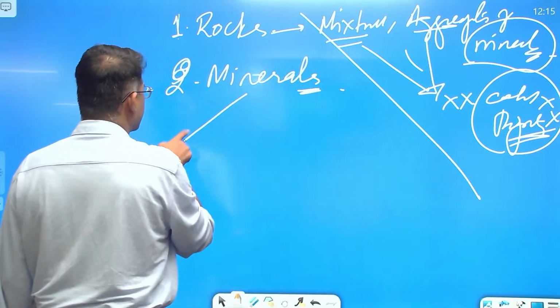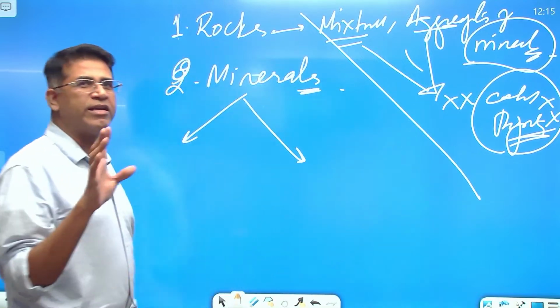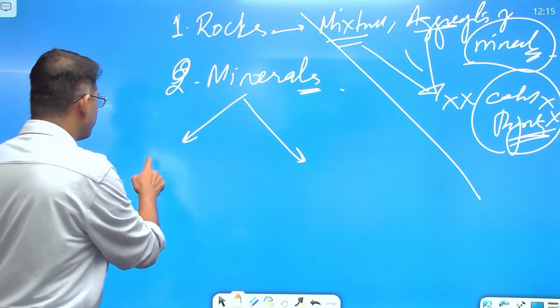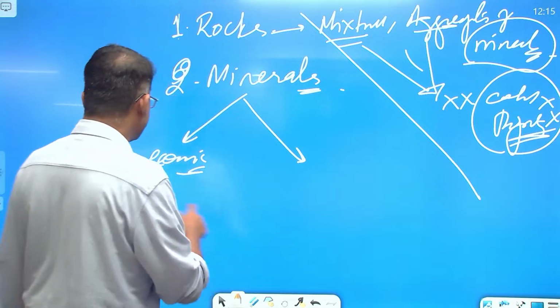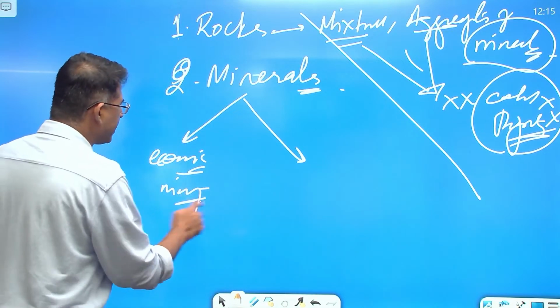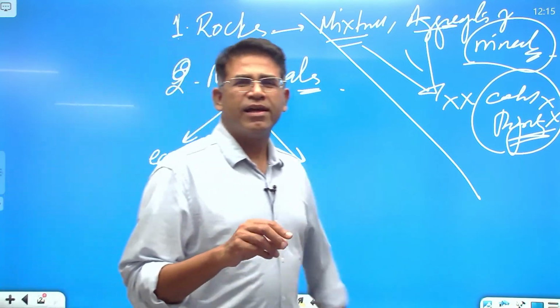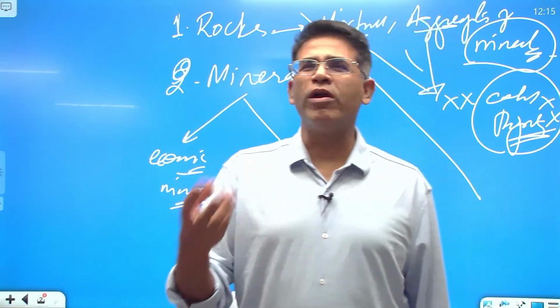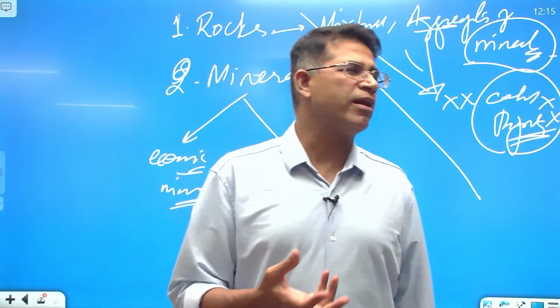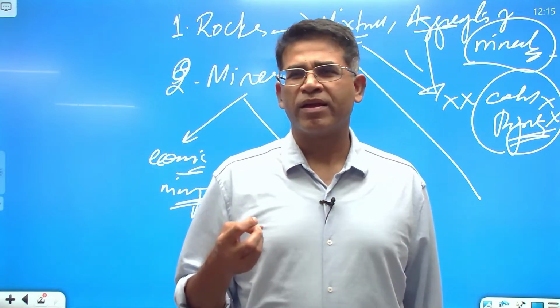The word minerals, I said, is used in two ways. One is minerals in terms of the economic substances that we get from mining. So uranium is a mineral, iron ore is a mineral, coal is a mineral, oil is a mineral. Mineral can be even salts.